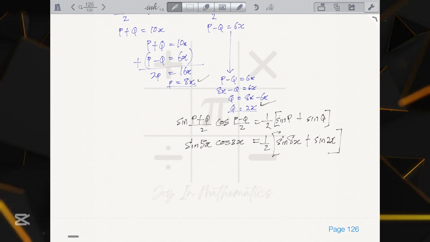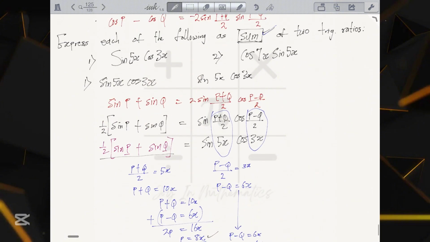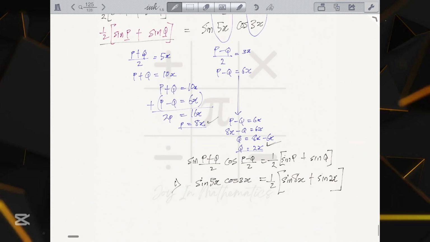So yes, we have solved question number 1, and we have expressed it as a sum of two sine expressions: sine 8x and sine 2x.